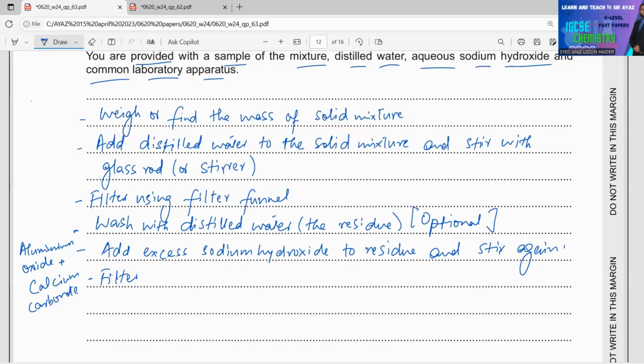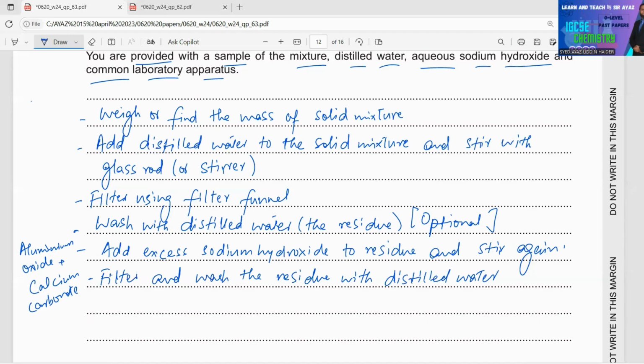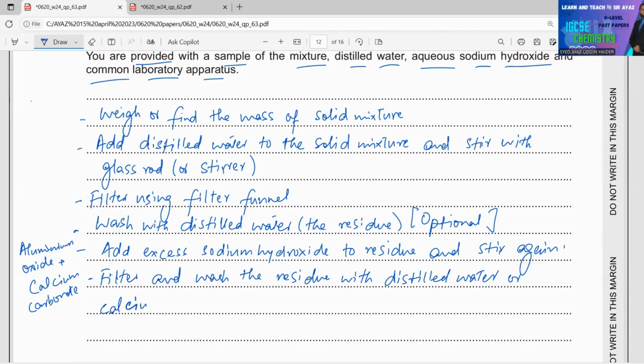And wash the residue. Why am I going to write wash the residue? This time you have to wash the residue, because whatever soluble substance is present on the residue will be removed. Wash the residue with distilled water. As you know, calcium carbonate will be left as the residue.